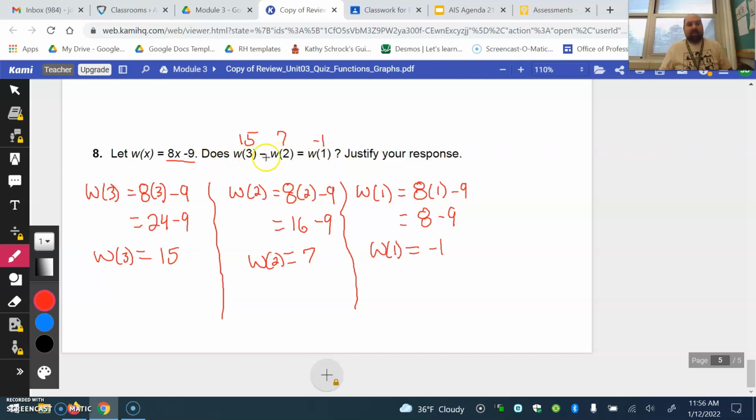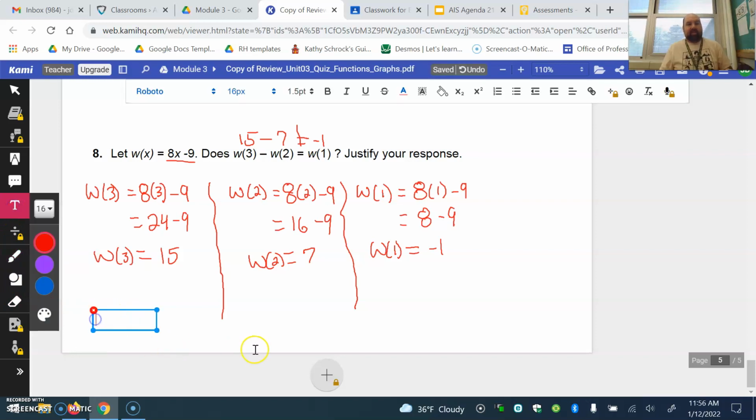So, does w of 3 minus w of 2 equal w of 1? Justify your response. Well, my justification is the work that I just did. This does not equal -1. So I'll just put that in my explanation, and then I'll be all done.